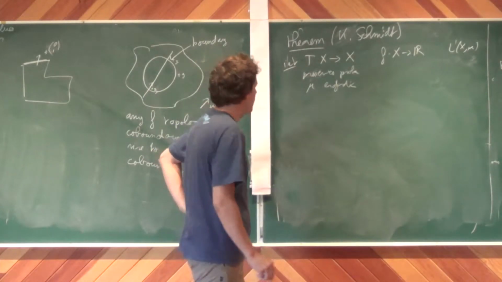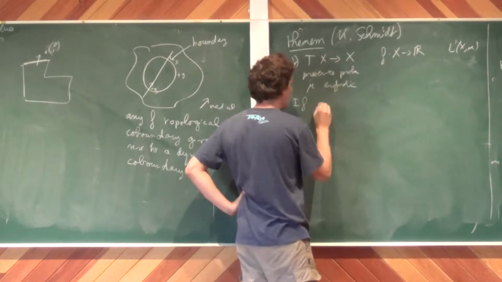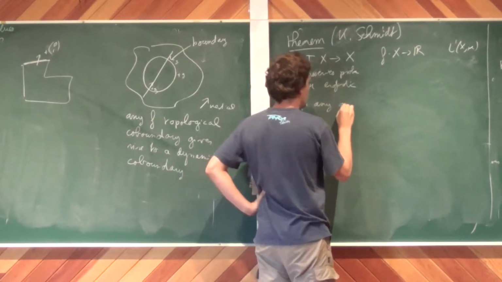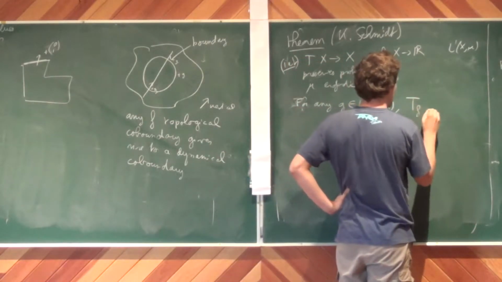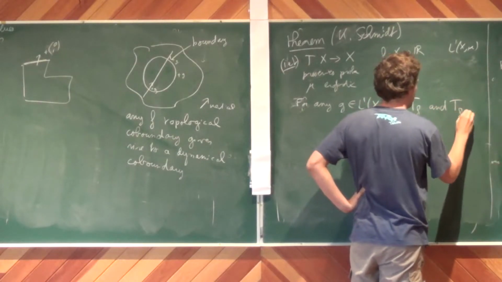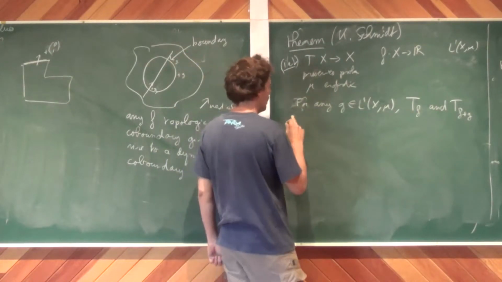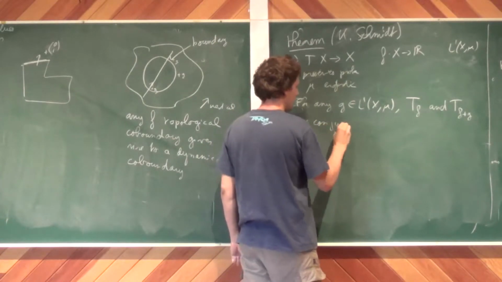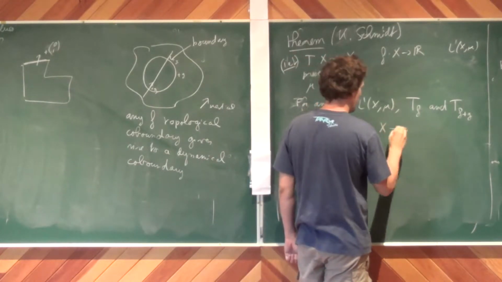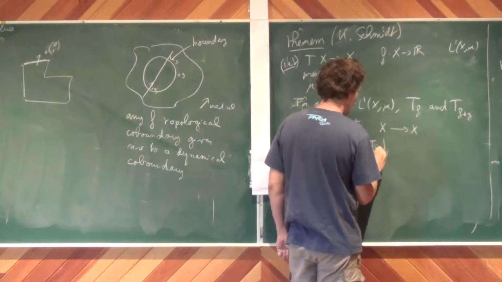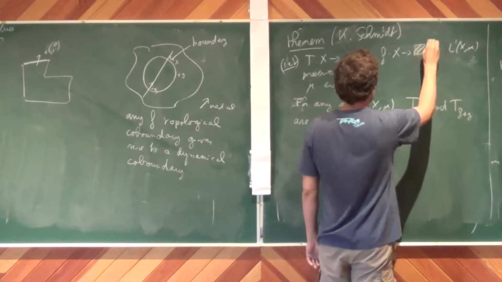And the theorem is, if you pick a coboundary, so for any G in L1 of X, mu, if you consider the two skew products TF and T of F plus G, they are conjugate. Conjugate means that I can find a function such that, it's not in R, sorry, I want to go in some group, Z2, let's say.